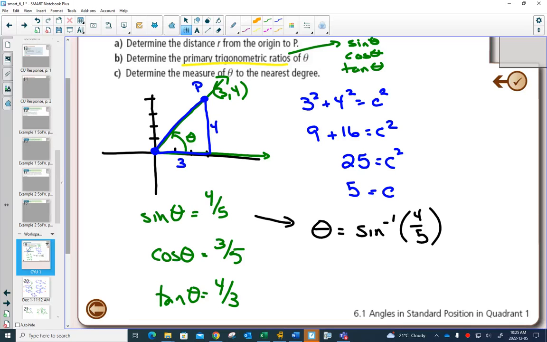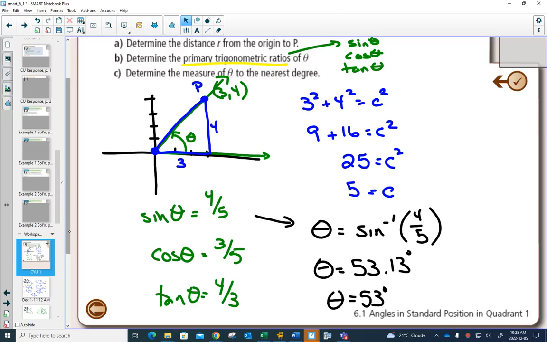I'd like you to type all 3 of those into your calculator just to see that it doesn't matter which one you use, that you're going to get theta equals 53.13. The question asked for the nearest degree. So it would round to 53 degrees.